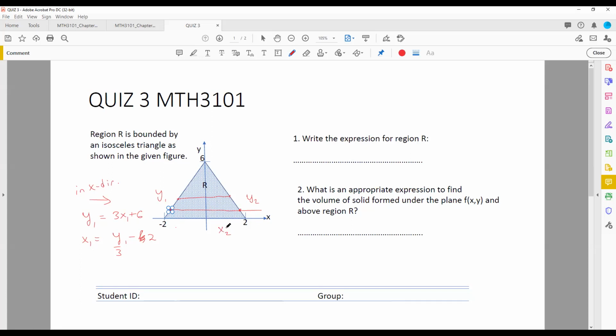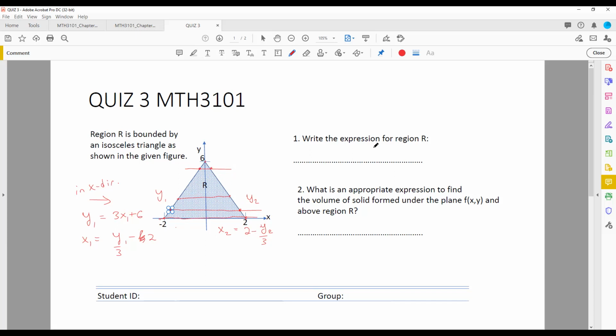So x2 is just the flip of that one, which is 2 minus y2 over 3. So if you go along starting from y equals 0, you also meet at x1 and exit at x2. If you go along the topmost, you also enter at x1, leave at x2, and so on.